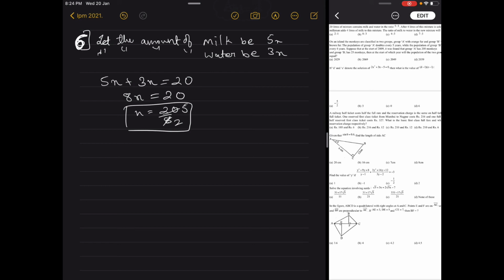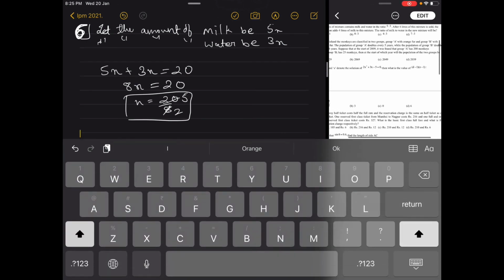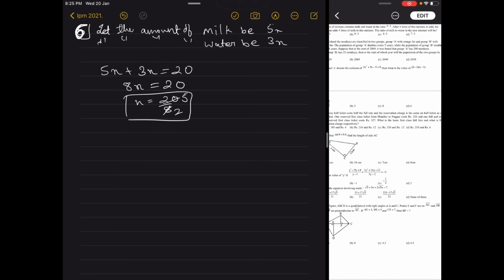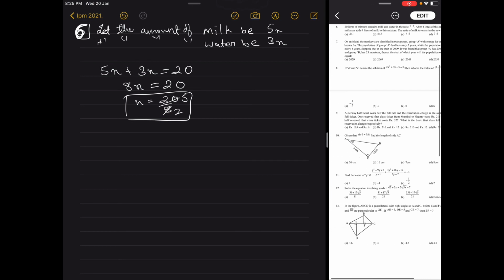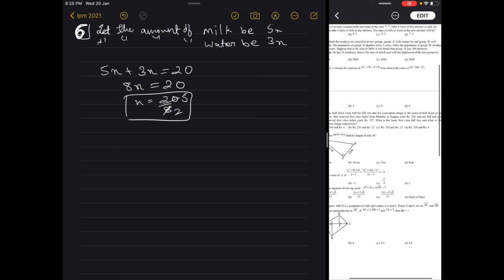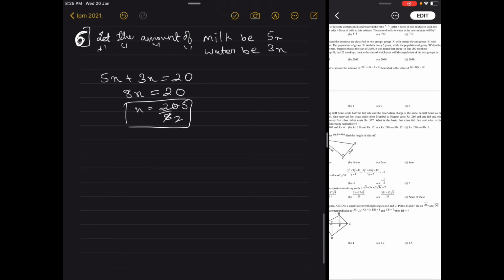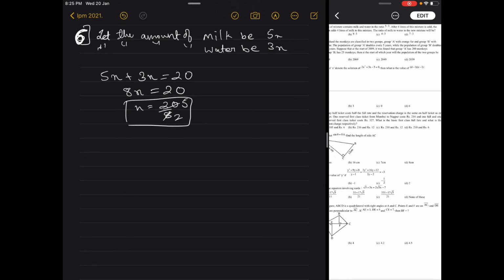So in every 20 liters, the ratio of milk to water would be 5:3. Therefore when 4 liters of the mixture is sold, how much quantity of milk and water is gone?